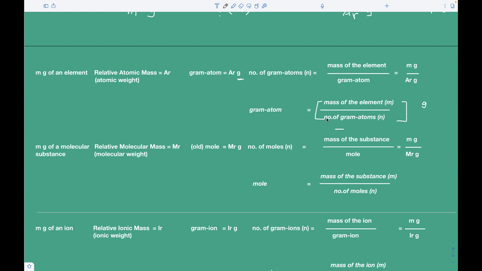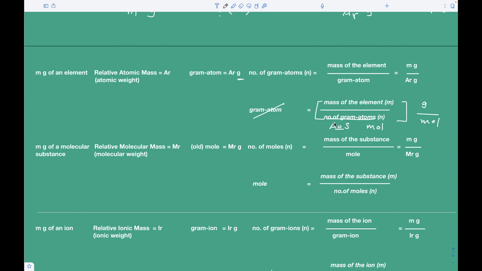Now I said we can replace number of gram atoms with amount of substance. And amount of substance is a physical quantity and its unit is mole. Now after substitution, this ratio has the unit gram over mole or gram per mole. So this ratio no longer represents mass. So we cannot call this ratio gram atom anymore, because gram atom represents certain mass of the element and its unit must be gram.